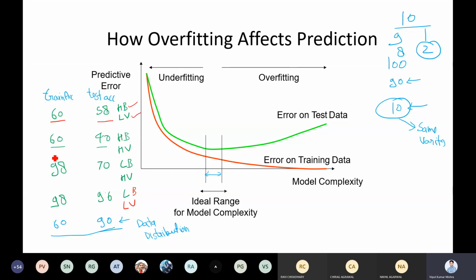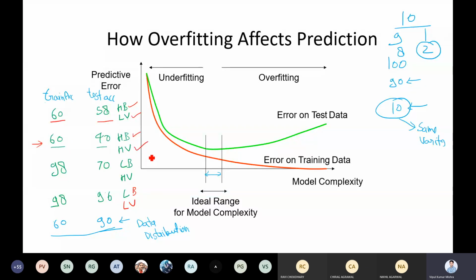Now in the second case, our training accuracy is 60, but the test accuracy is much worse than training. So you can say high bias because of the training, and high variance because it is not even able to achieve the training accuracy.